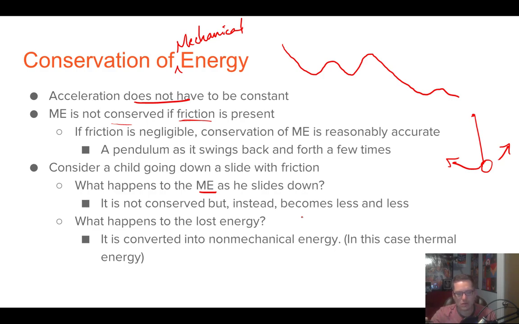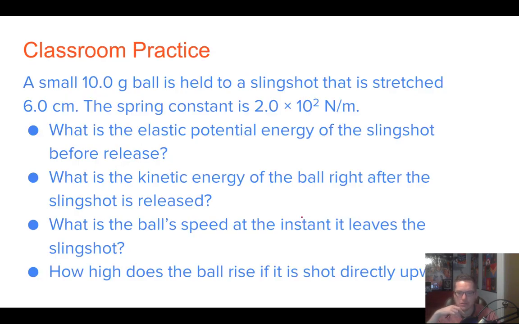But some of it also gets turned into heat. If you go down a slide with enough friction, you'll feel your legs get warm as you go down. So this lost energy turns into non-mechanical energy. It could be nuclear, it could be chemical, or in the case of the slide, it would be thermal. The kid's legs will get warm as he goes down the hill.